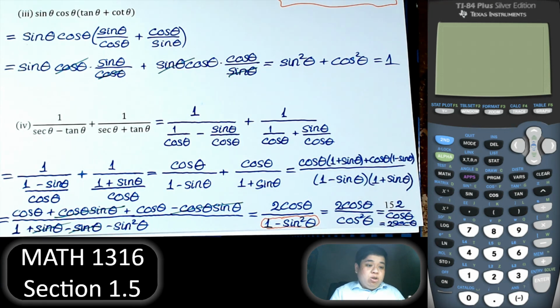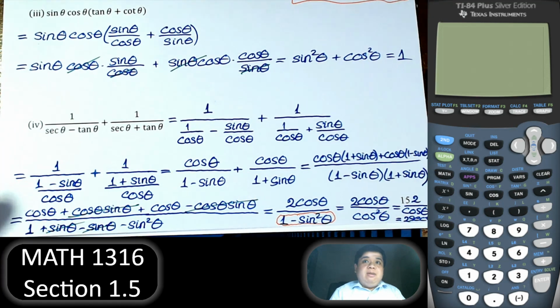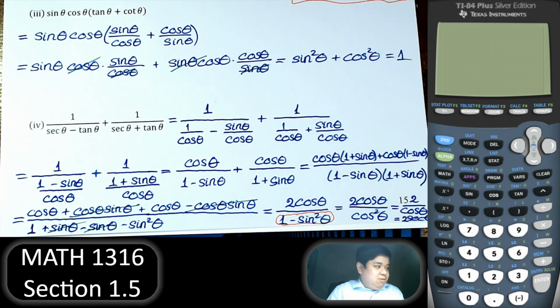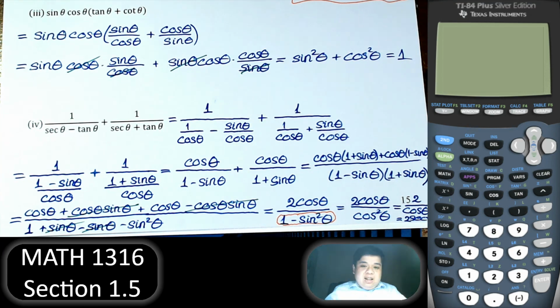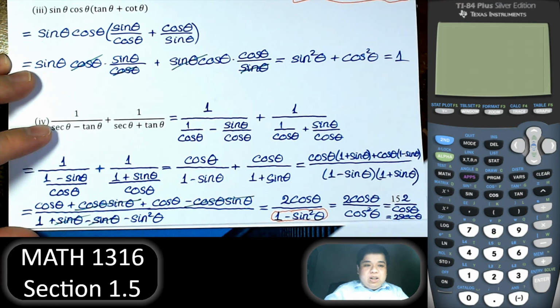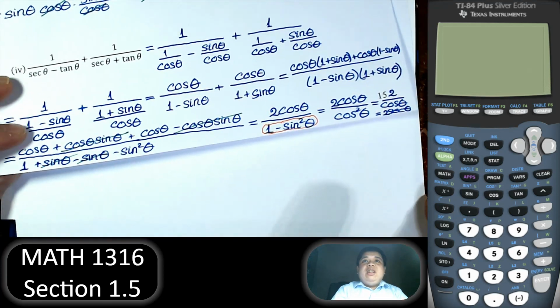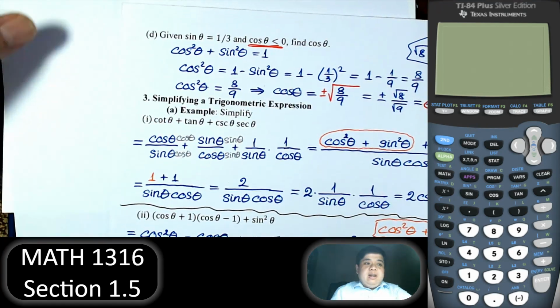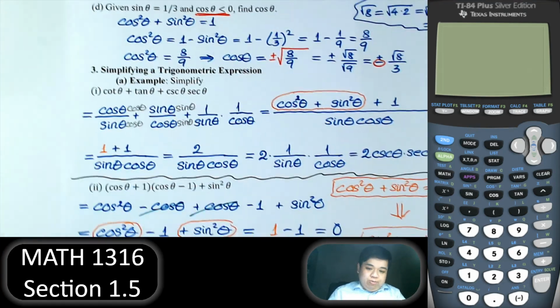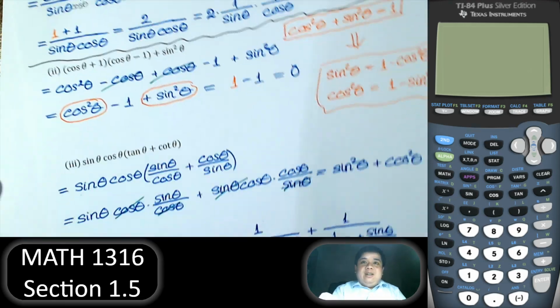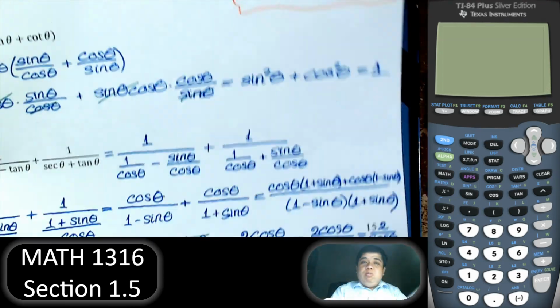Of course, if we can go straightforward using secant and tangent, it will be a lot easier, a lot more elegant. But like I said, if you don't know where to start, the good way to start is write everything in sine cosine. Might not be the best option, but it will work more often than not.